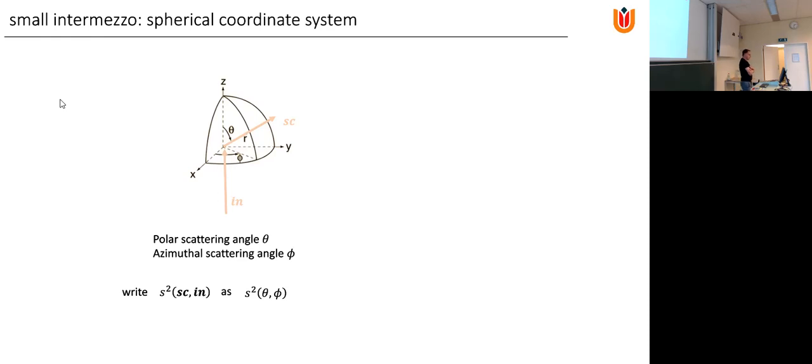So we have a polar scattering angle theta, the angle of the scattering vector with the z-axis, and then the so-called azimuthal scattering angle phi, the angle with the x-axis of the projection of the scattering vector in the xy plane. If we switch to this coordinate system, we can write s squared, which was a function of these directions, ultimately as a function of these angles.